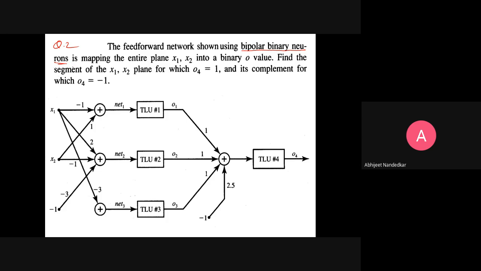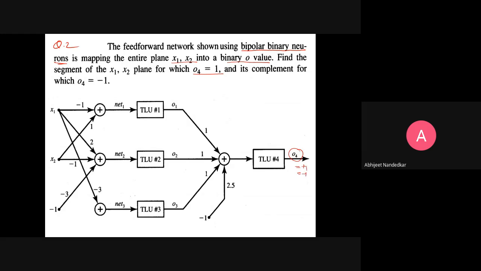Now this is mapping the entire x1, x2 plane into a binary value. Find the segment of the x1, x2 plane for which O4, this final O4, produces +1, and its complement for which O4 is -1.